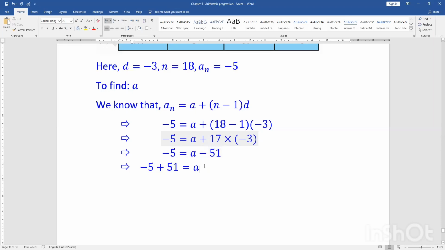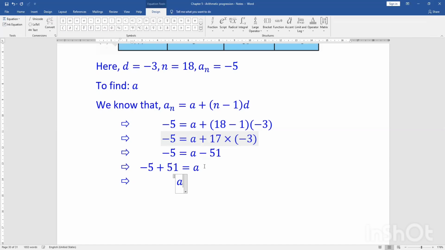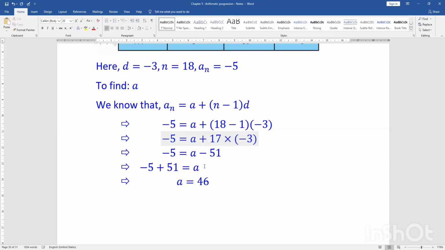That's why -5 plus 51 equals A. Now let's do the subtraction. So -5 plus 51 will be equal to how much? Here we can write it as A equals 46. So that's our final answer.